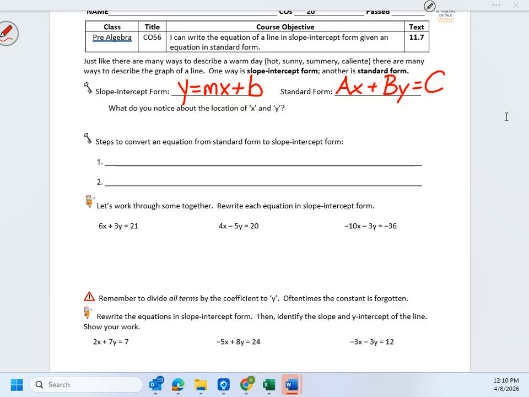Think about the equation all together. Where do we notice the x and the y? Colton, on different sides of the equation. Different sides of the equal sign. So they are on opposite sides of the equal sign.